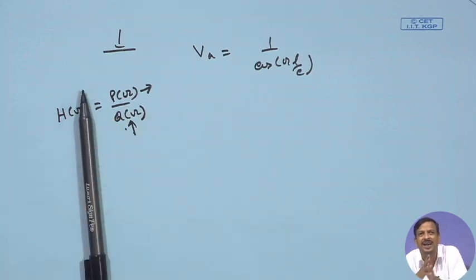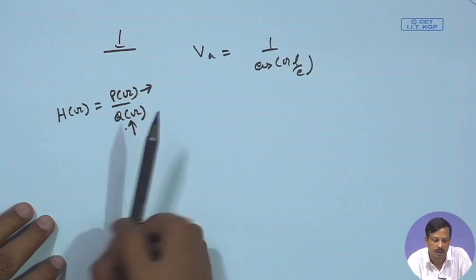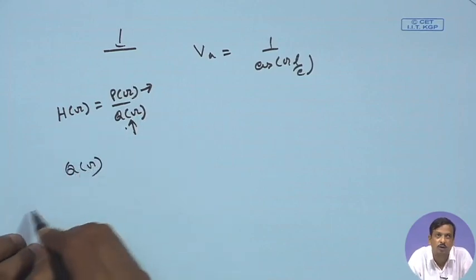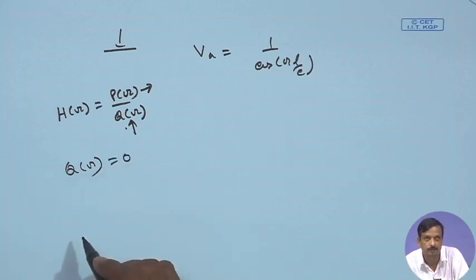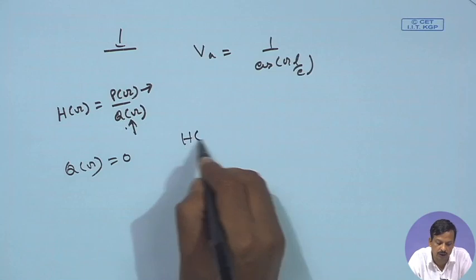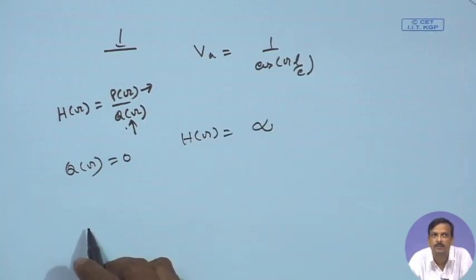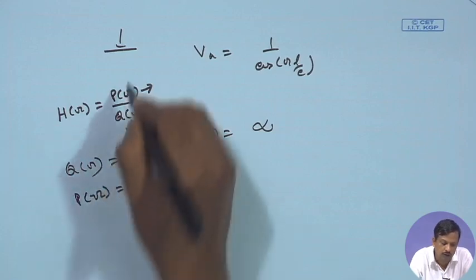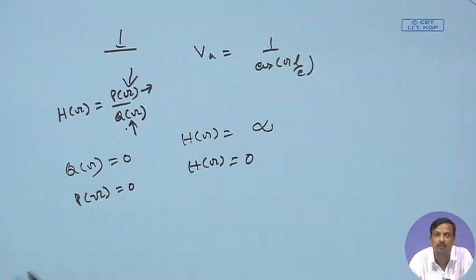Now, what is the physical significance of a pole? Suppose I said okay, there is a pole. What do you mean by a pole? Physically what will happen? Now, what do you mean by the solution of q omega? At the solution point q omega will be 0. If I put it 0, then the h omega value will be infinite. At the solution point of p omega, p omega will be 0, then h omega will be 0.